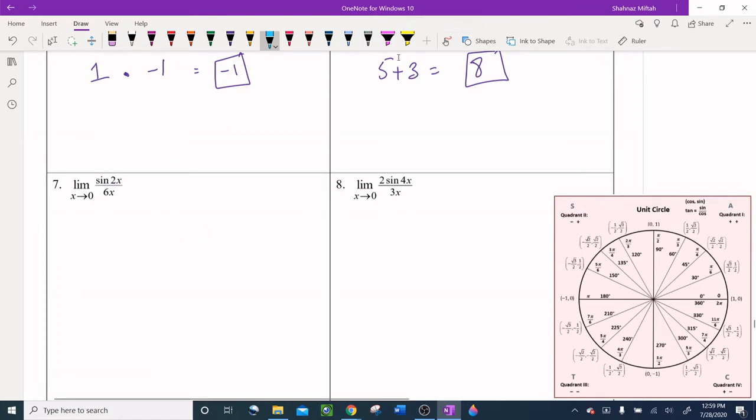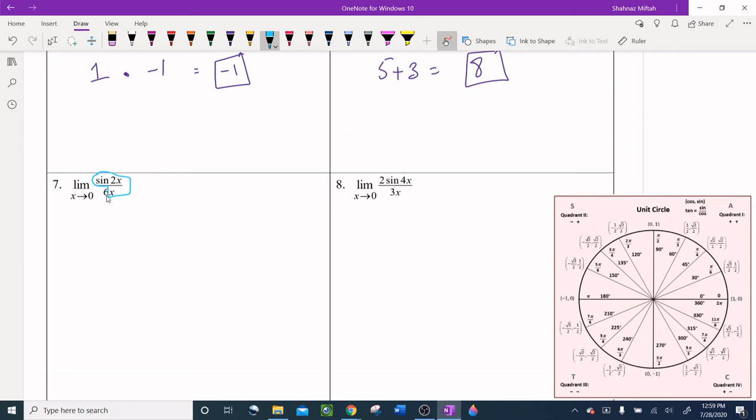If you pay close attention to this, I do know that if I get rid of the 6, then I have sine 2x over x. And this will give me a familiar special trig limit, which means it's equal to 1, but I have to multiply by 2 top and bottom. So let's remove this 6. And this is not just a 6, it's 1 over 6.